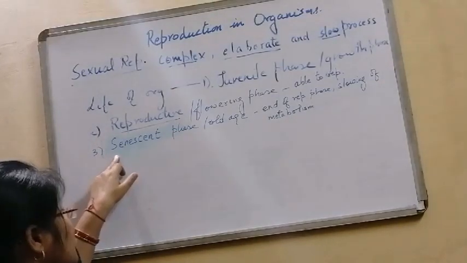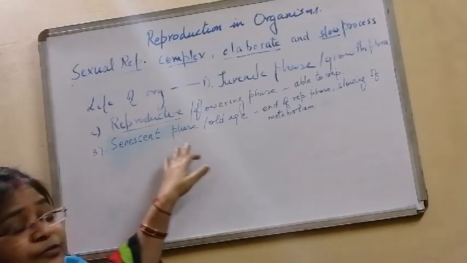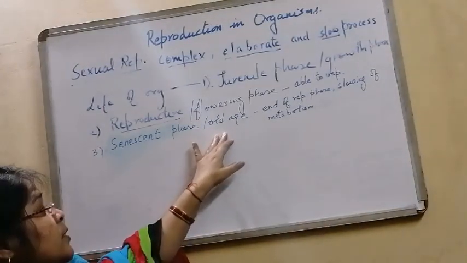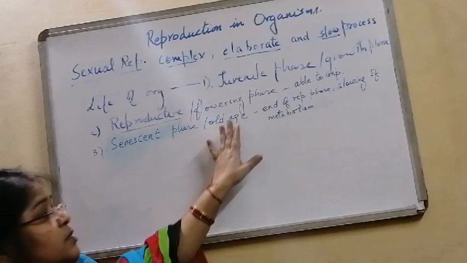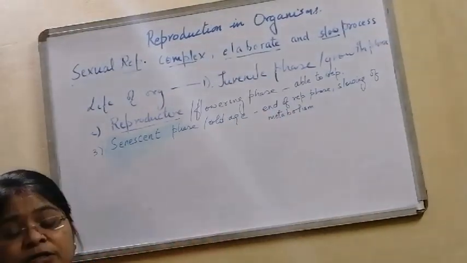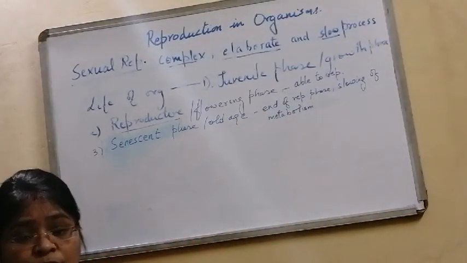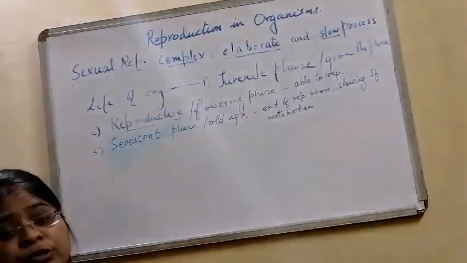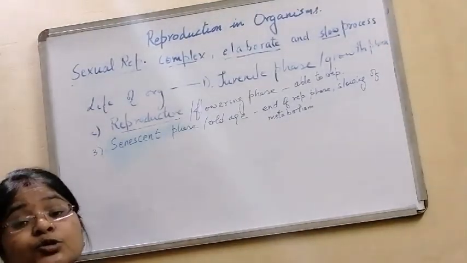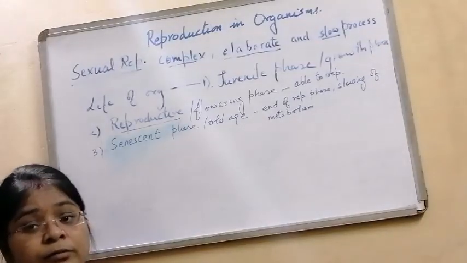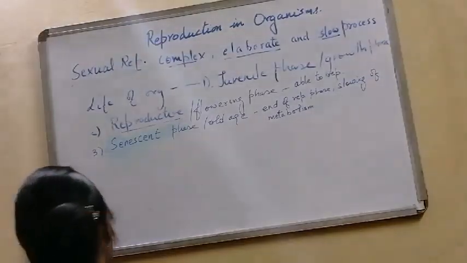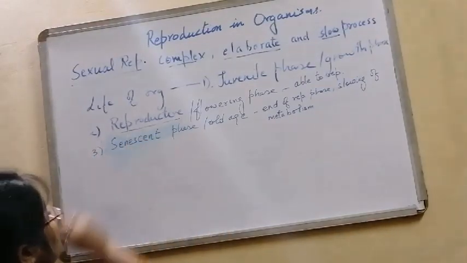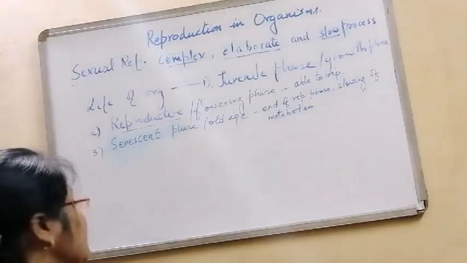The last stage is the senescent phase or old age, which is the end of the reproductive phase. In old age, metabolism slows down and people are not so active or energetic. Now our focus is mostly on this reproductive phase.